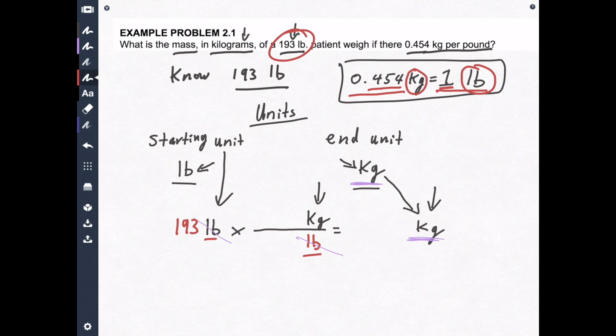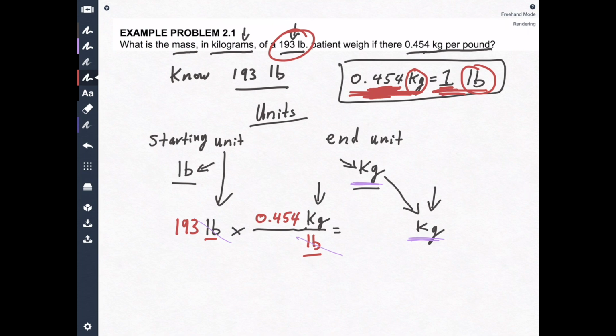So when you're plugging these numbers into here and here, I know it's getting messy, but I want to really hammer this home. This number, the 0.454, goes with the kilograms, because they're married.